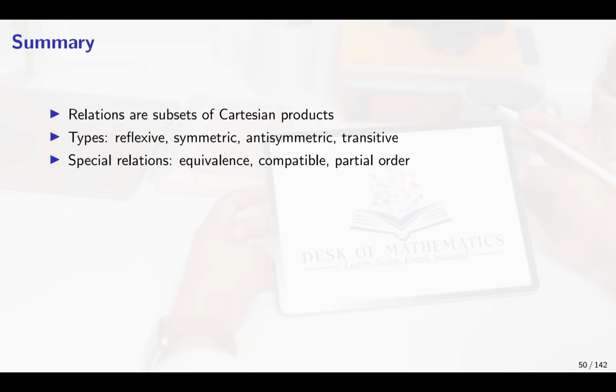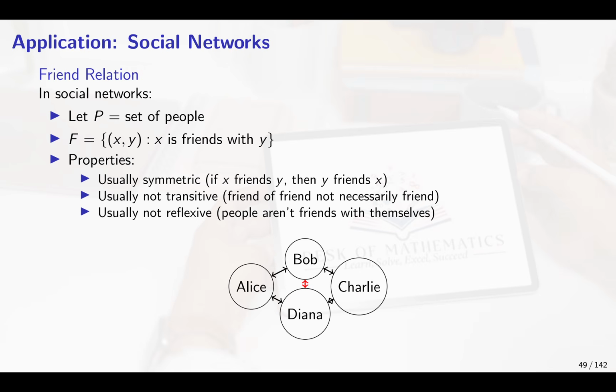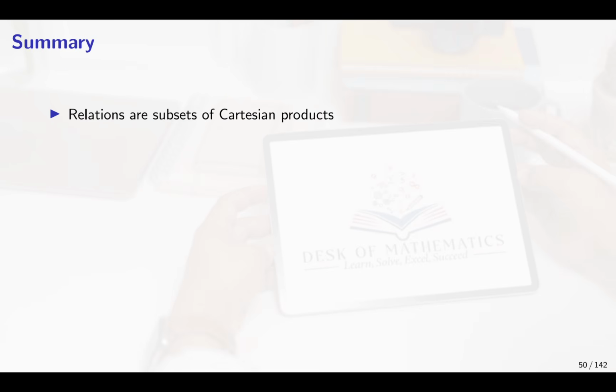Now I want to solve the important questions that may be in your exam. The question may be this way, I will show how to show that a relation is an equivalence.